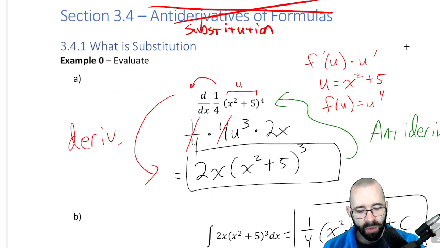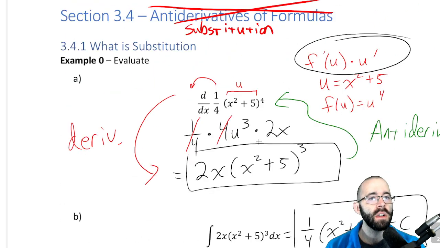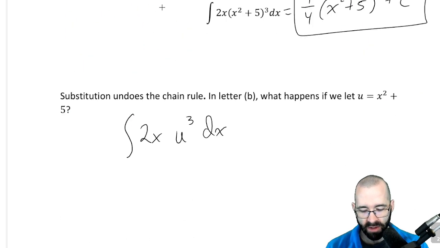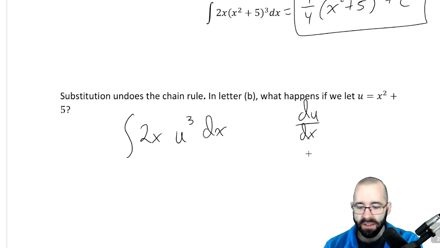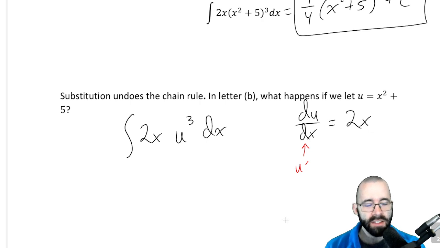Well, just like with our chain rule, where we also had to look at u prime, let's do the same thing over here. Remember that u prime is du dx. That's what u prime means. What is du dx? It's 2x. So watch this.